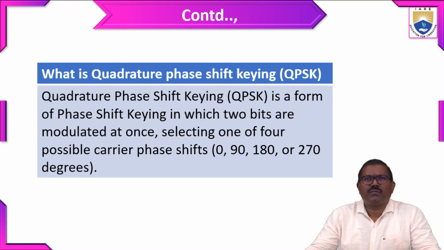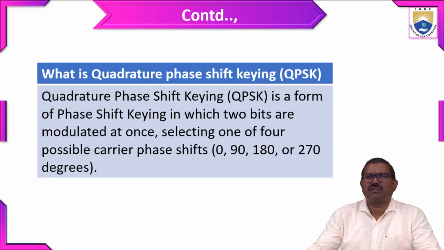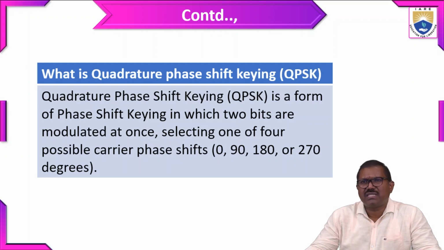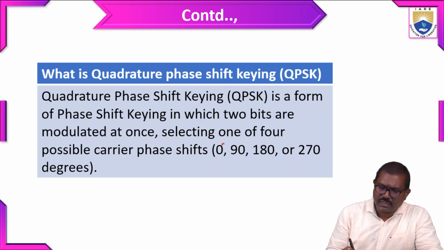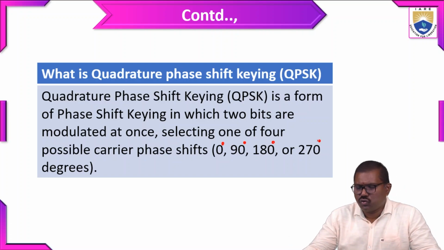And another is quadrature phase shift keying, QPSK. So QPSK is a form of phase shift keying in which two bits are modulated at once, selecting one of four possible carrier phase shifts. That is 0 degrees, 90 degrees, 180 degrees or 270 degrees.